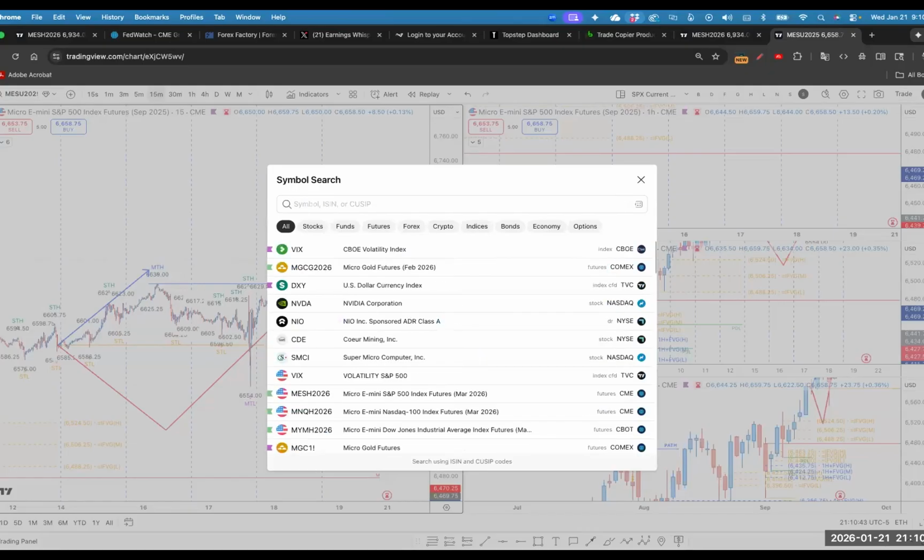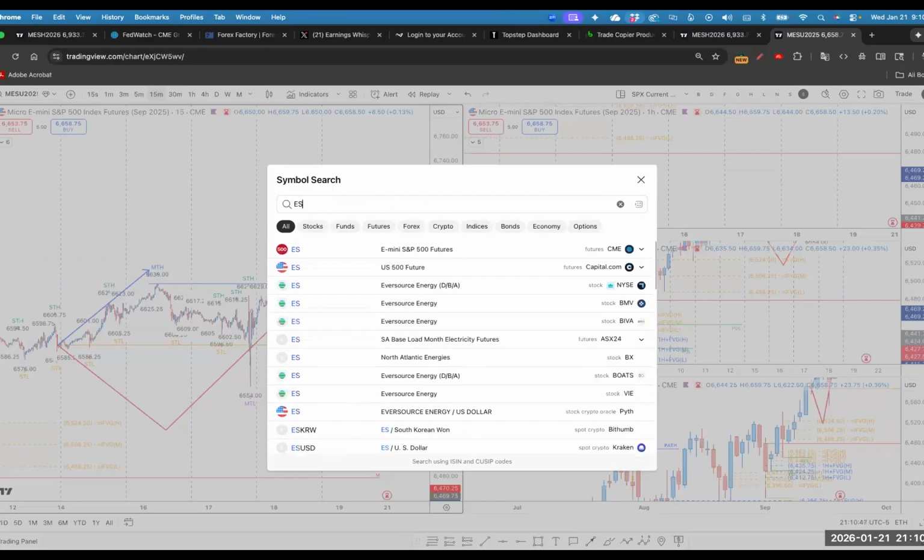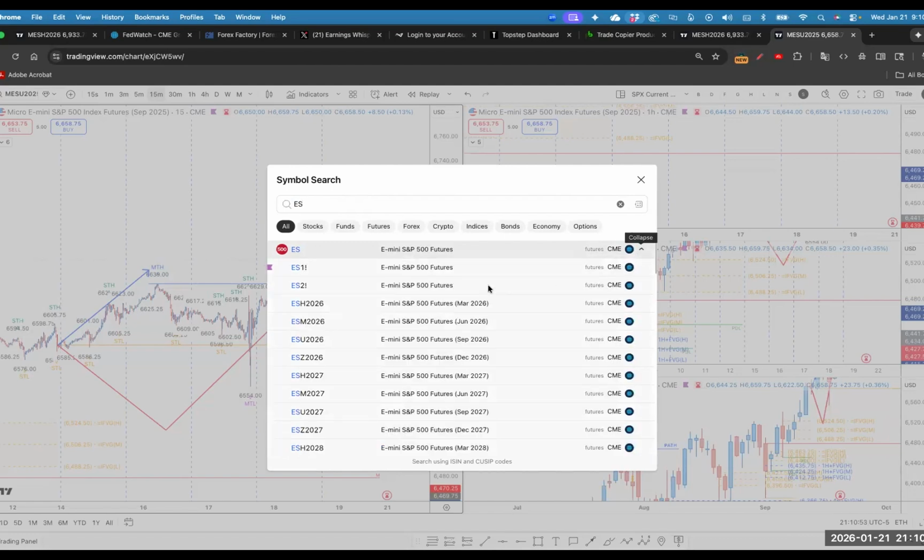The ES symbol is for the mini, and then underneath that futures contract, you have the continuous, which is the ES1, ES2. Both of these are continuous contracts.